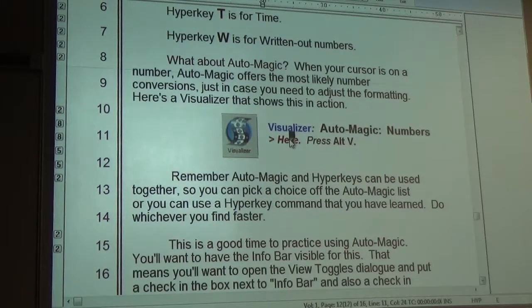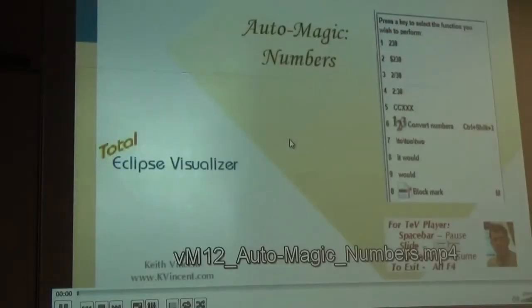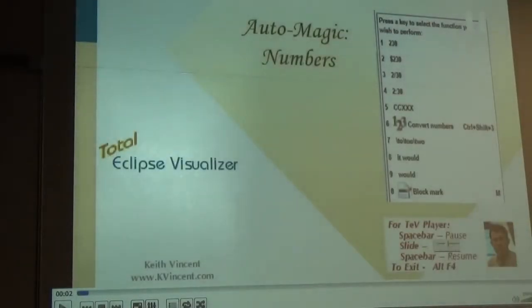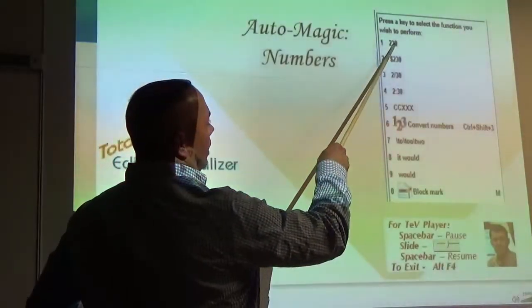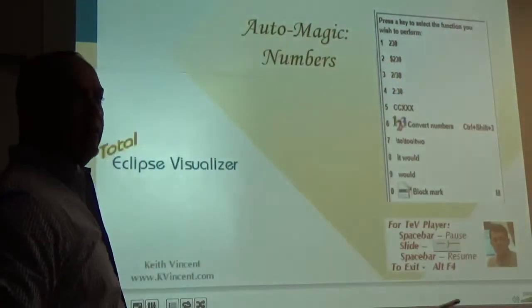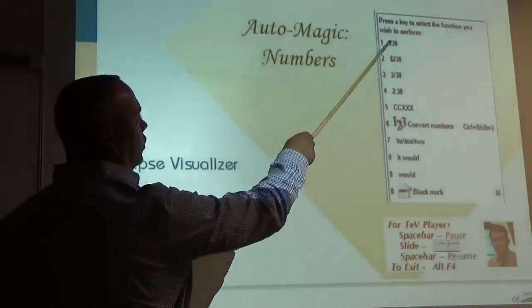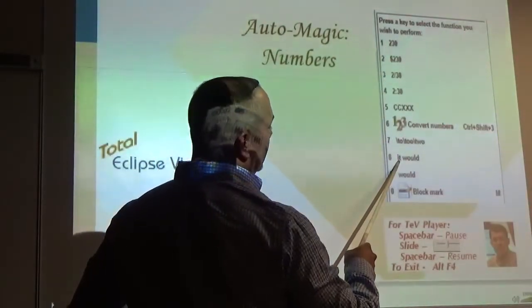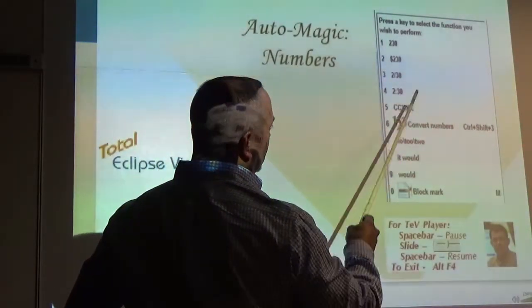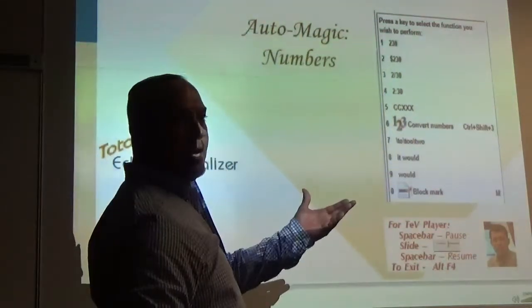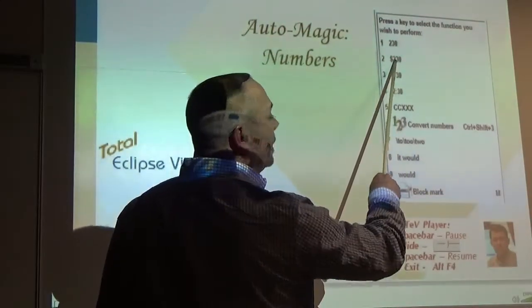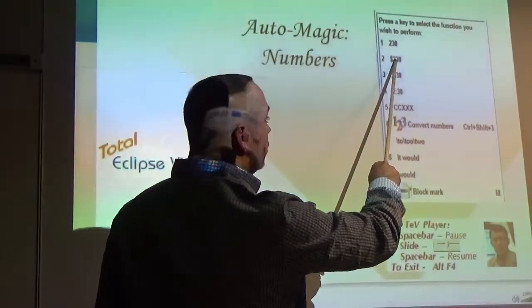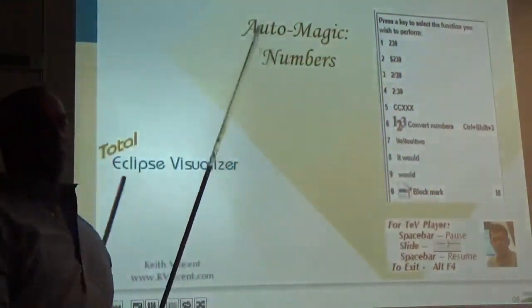With this, I think it's pretty straightforward. It's just a number conversion. It's going to go through here and tell you every time, like if the number 230 is on there, all it's going to do is give you in AutoMagic the different options that you have. It's always thinking ahead, okay? It's thinking for you. So if you forgot to put the $ for 230, then all you have to do is hit number 2.